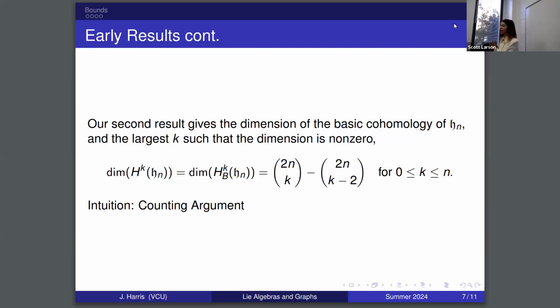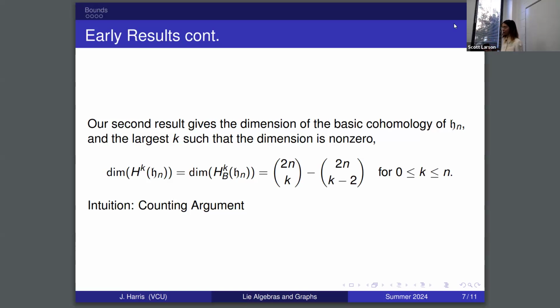The next result, in this early era, was the dimension of the kth degree basic homology for Heisenberg Lie algebras. And this is again another counting argument. The 2n choose k is just the number of polynomials in y, with 2n y variables. You pick k of them, and that gives you your polynomials in y.